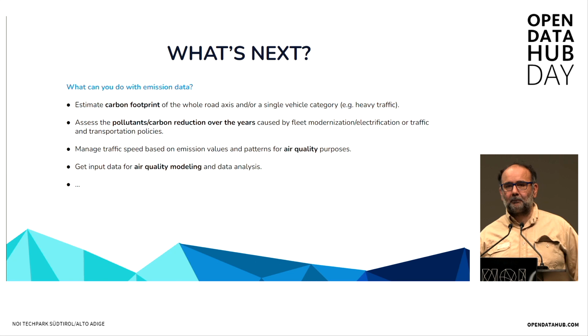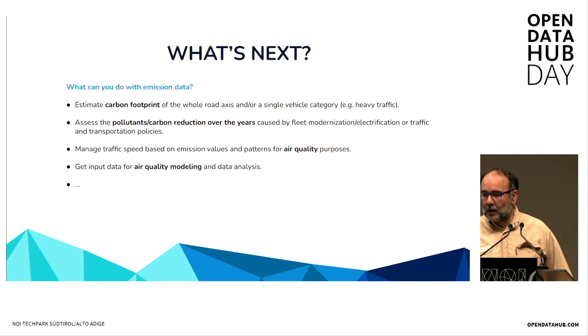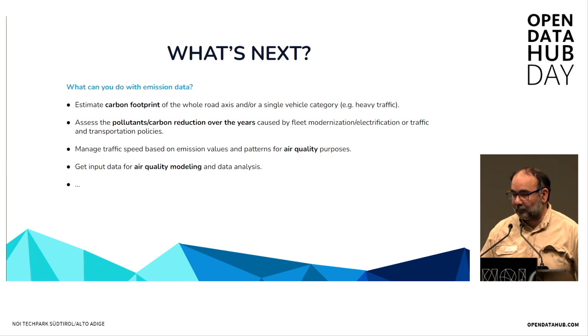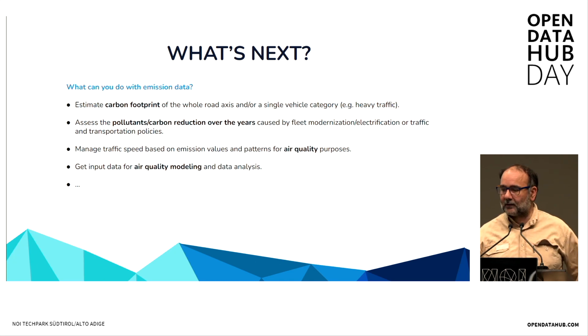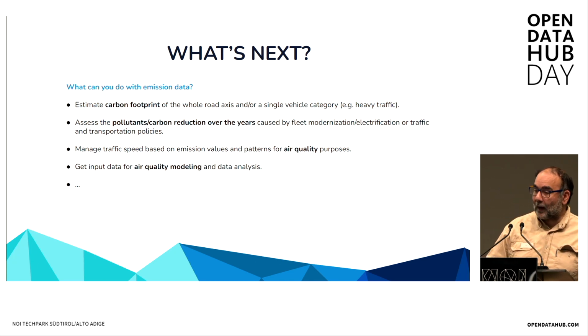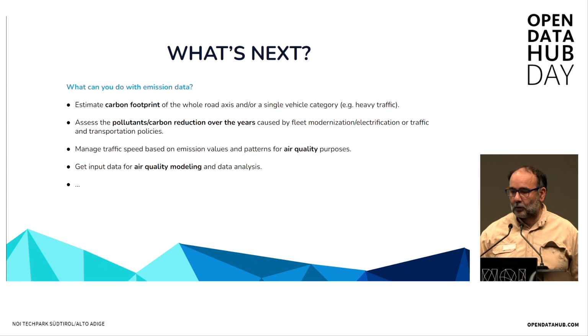What's next? What can we do with all this emission data? Some examples which seem quite important to me. First of all, estimate the carbon footprint on the whole road axis or on a network, if we are talking about an urban street system. Then also assess pollutant or carbon reduction.